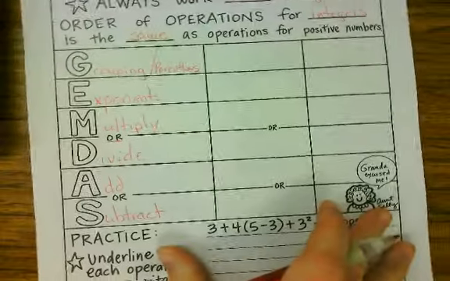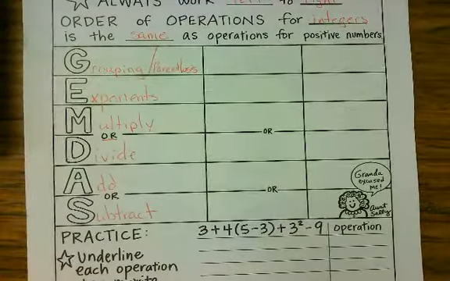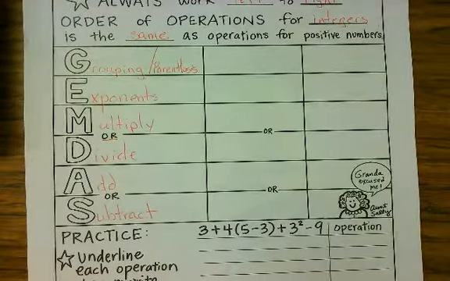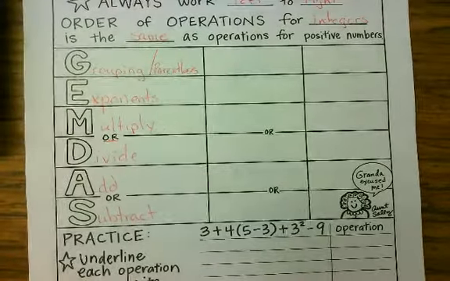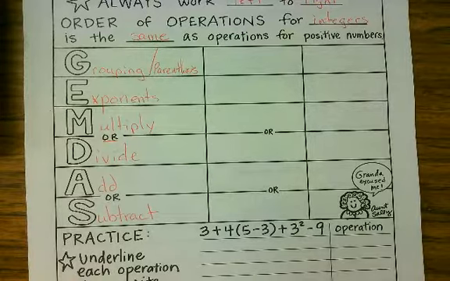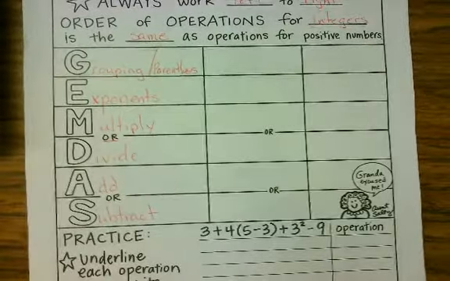So here's how this works. First, we talk about parentheses or grouping. I call it parentheses, guys. So I say PEMDAS instead of GEMDAS. But the premise behind it is all still the same.